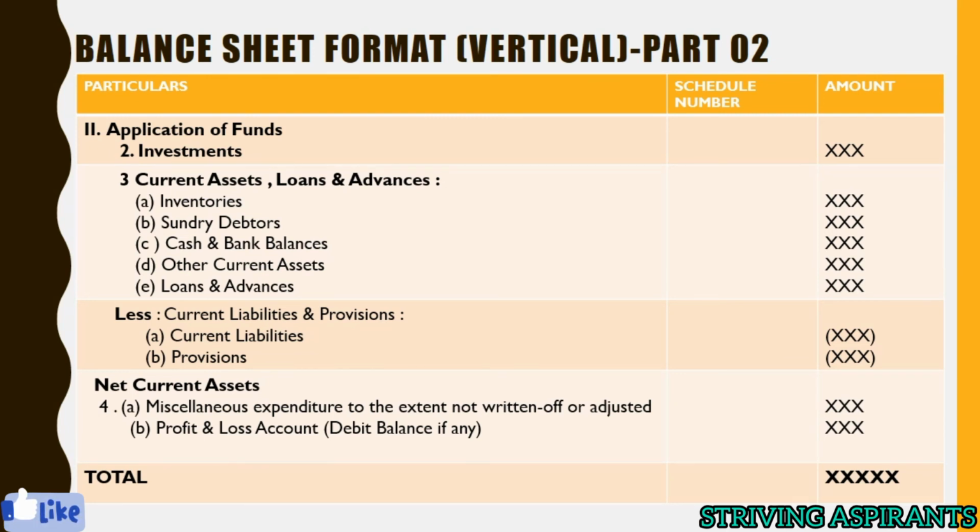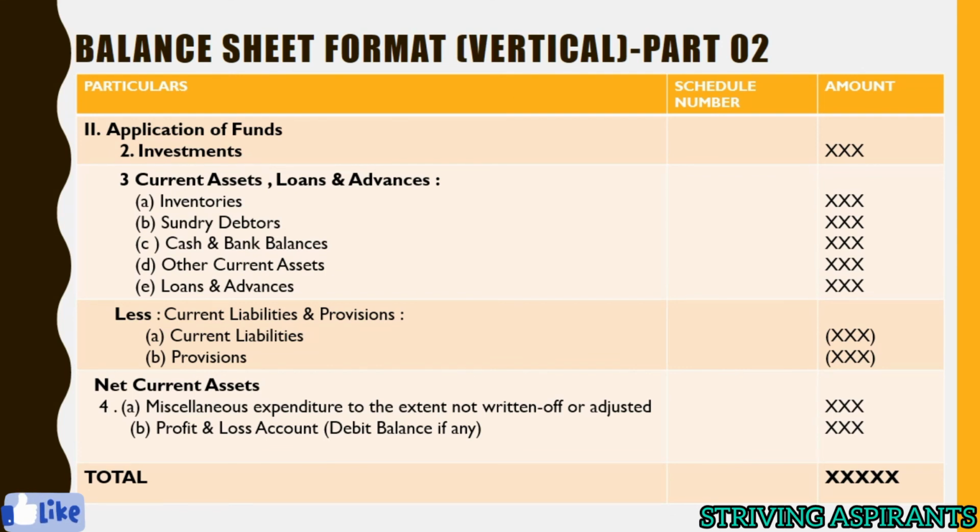After this head, we have to deduct whatever current liabilities and provisions amount we have. So you will be in a position to get the net current assets value. After that, whatever miscellaneous expenditure, to the extent not written off or adjusted, that amount need to take into consideration.